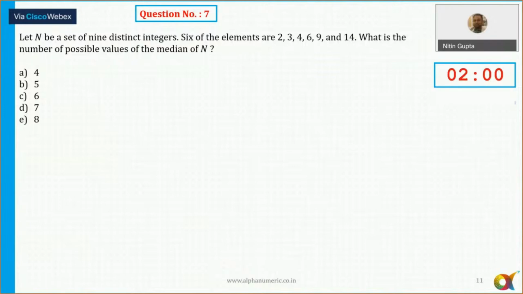Okay. Garima is saying option B. We'll check that. Okay. I didn't start the timer, but anyway, I've just started the timer and I'm going to stop the timer after 1 minute.